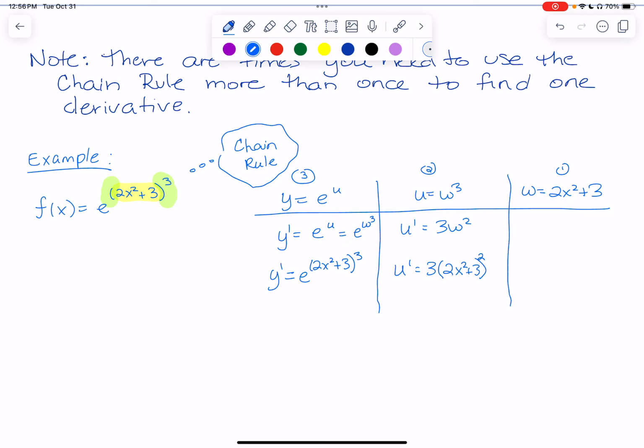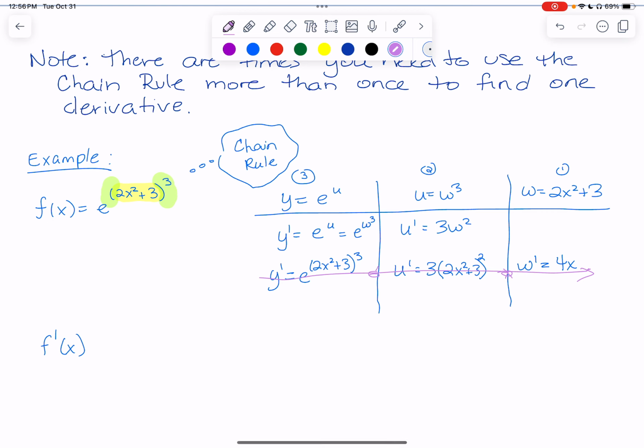Now let's take the derivative of our w, and that one's going to simply be the derivative of that function right up there, which is 4x. And now we have all of our derivatives, so we can use the chain rule to find the derivative of f. I'm going to use that lighter purple color again so you can see through it. I'm going to chain all the way across. See how I'm creating the chain to link these together?